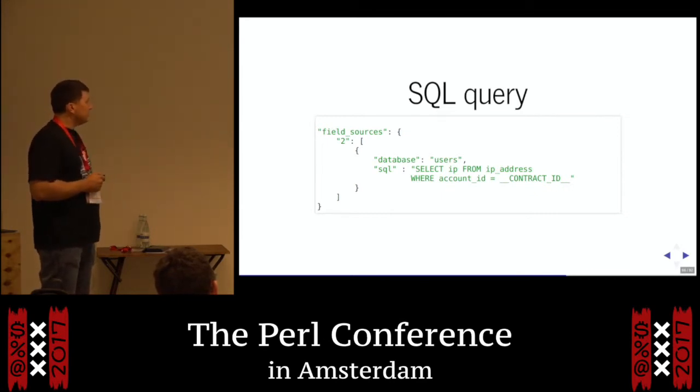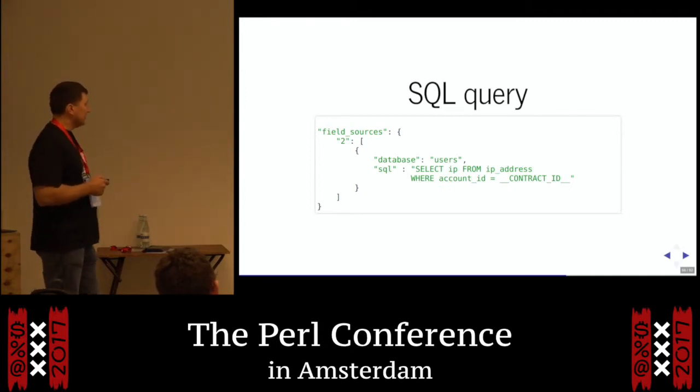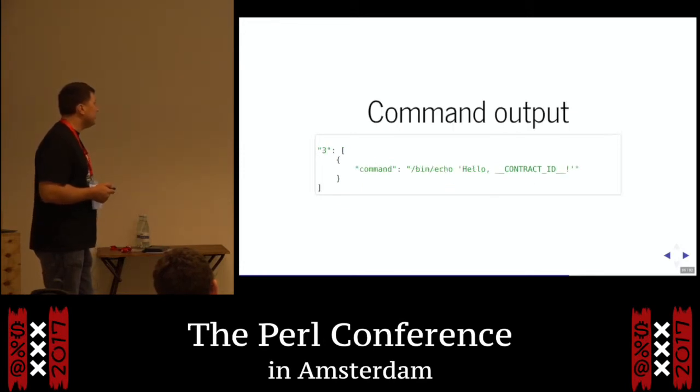And this is actually a specification for data that we will put into a custom field with ID 2. So when we have custom field with ID 2 on the page, we will fill it with the results of this query, where contract ID will be replaced with the actual value of contract ID.